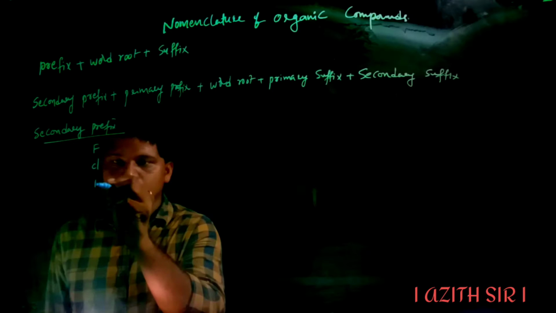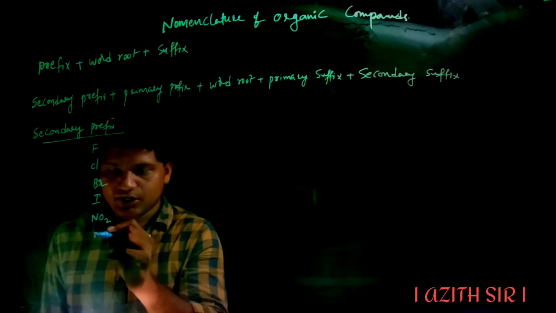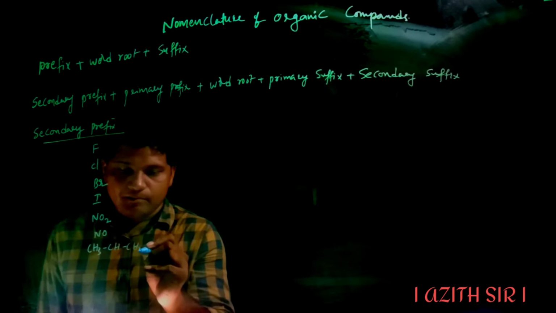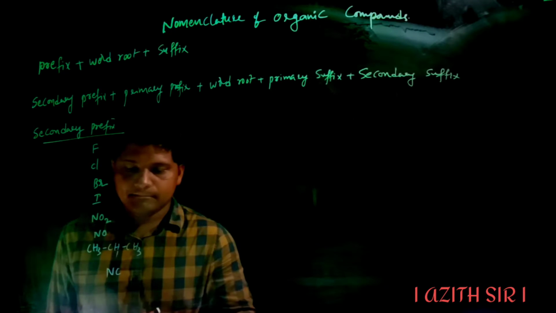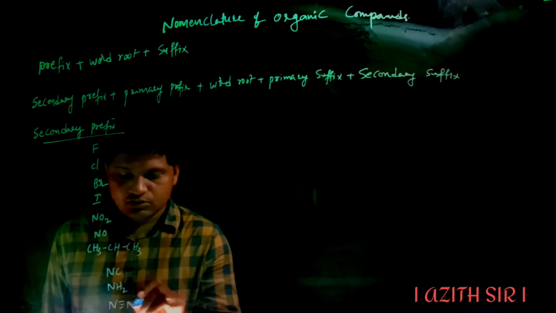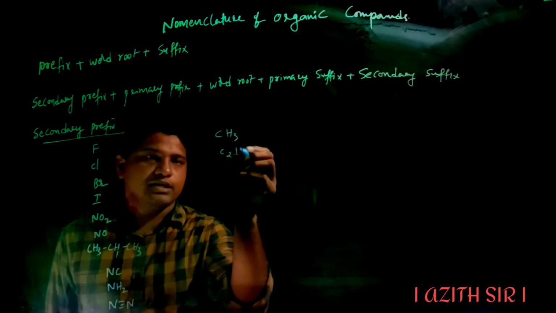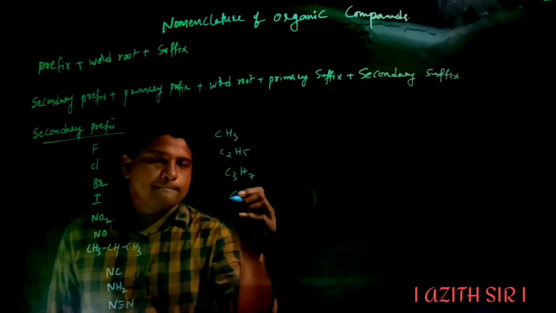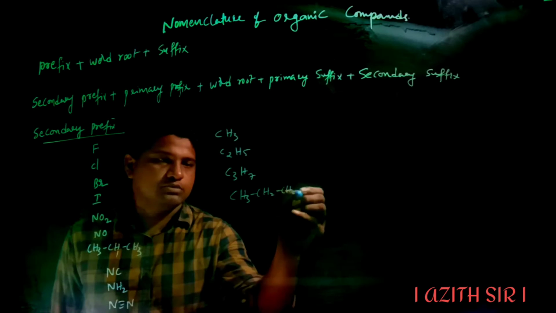fluorine, chlorine, bromine, iodine, nitro, nitroso, isopropyl, isonitrile, amine group, diazo, methyl group, ethyl group, propyl group, N-butyl, CH3, CH2, CH2 and CH2.